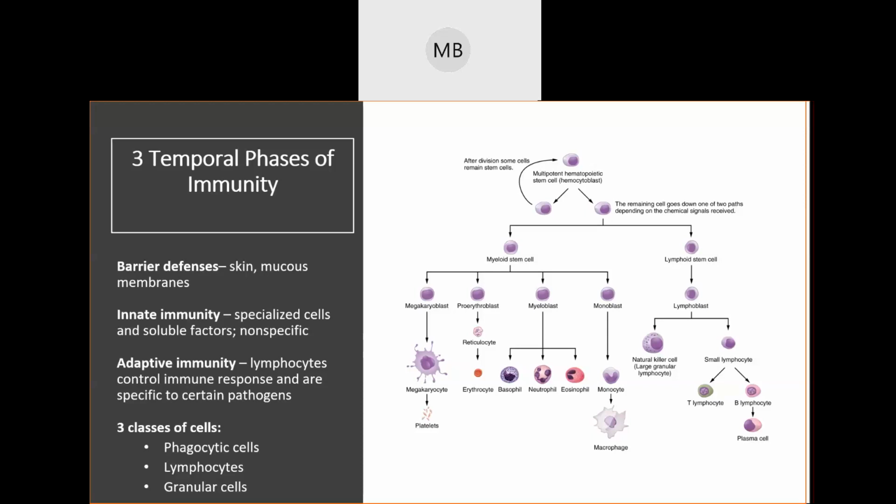So the purpose of our immune system is to protect ourselves, but we have to have different levels of protection. And because of those different levels of protection, we have different cells to do those jobs. As we go through the immune system, a lot of students can find the immune system complicated and difficult.